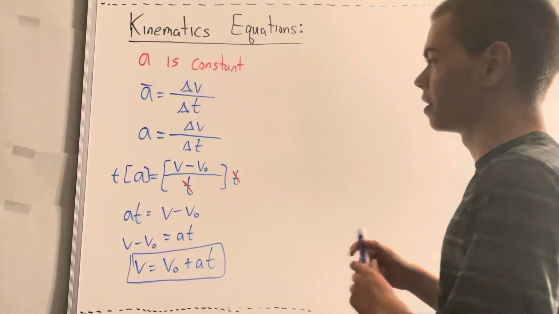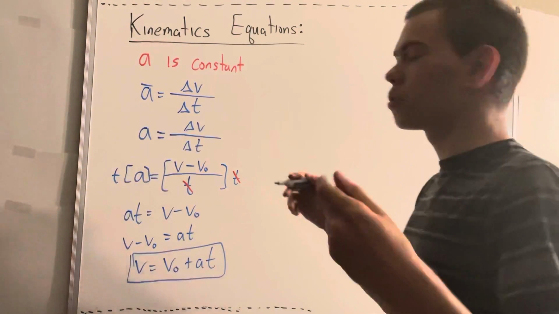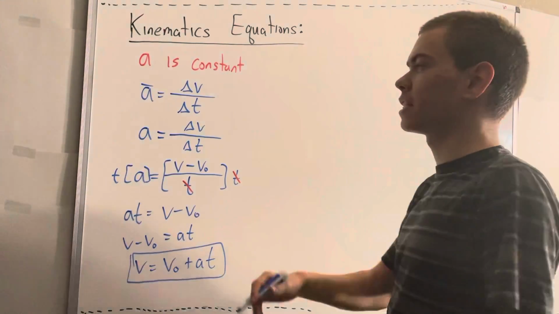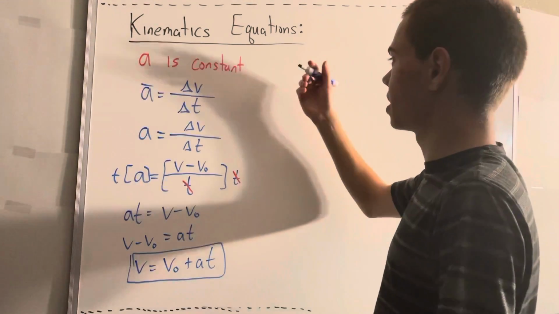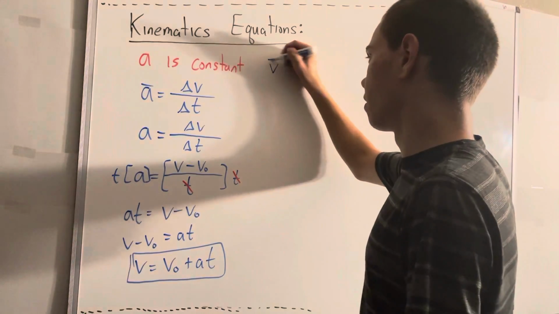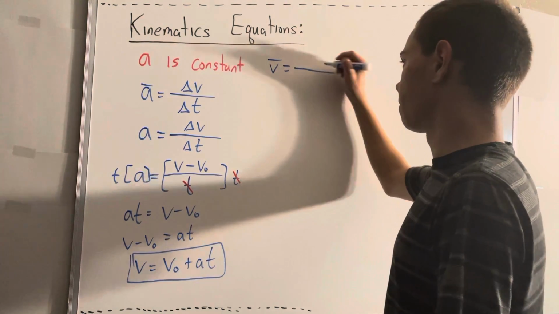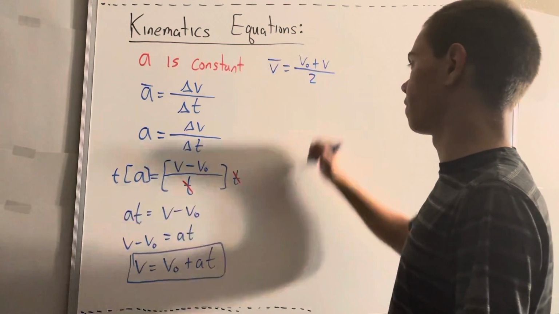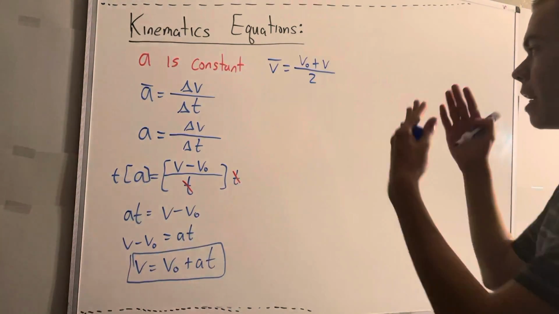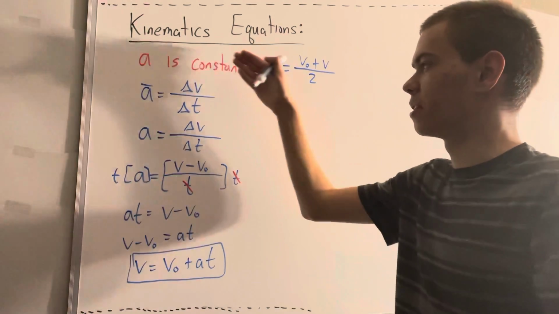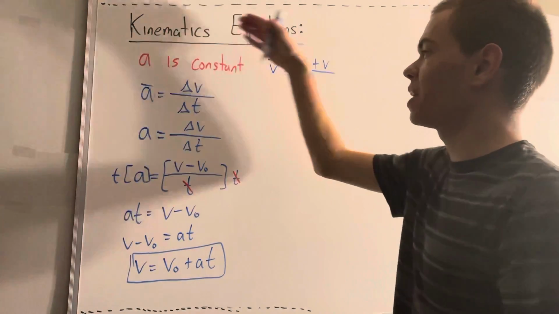The next one is another equation based on the idea of average velocity under a constant acceleration. And we know that average velocity under a constant acceleration is just going to be the initial velocity plus the final velocity divided by 2, right? This is basically the average velocity of an object undergoing constant acceleration, which is what the kinematics equations are based off of.